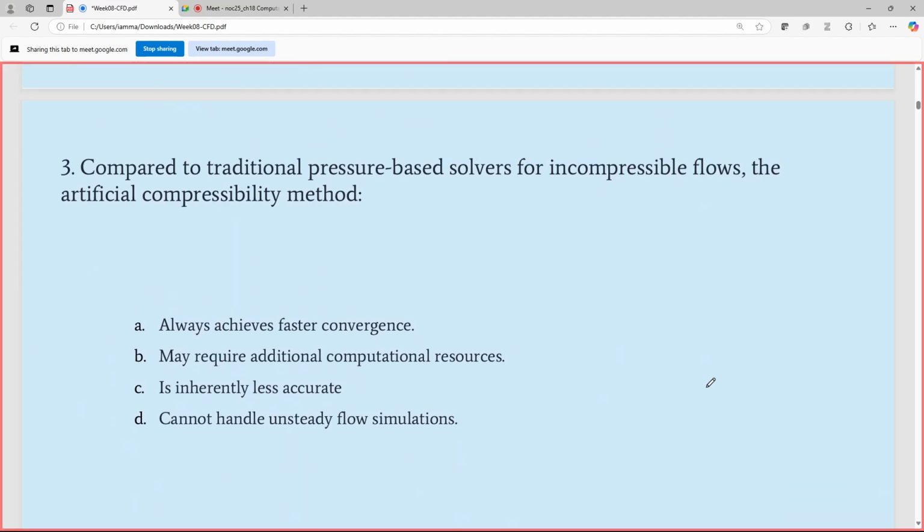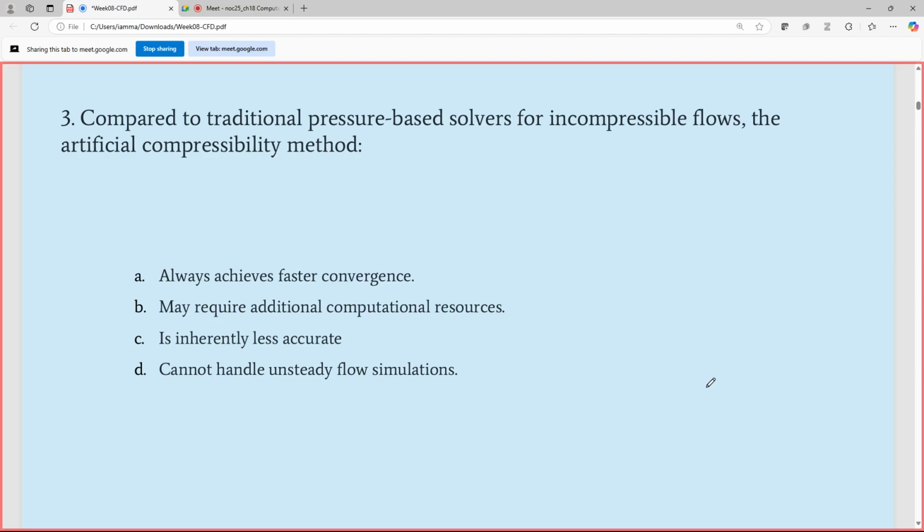Next question. Compared to the traditional pressure-based solvers for incompressible flows, the artificial compressibility method is, options are: option A, always achieves faster convergence. Option B, may require additional computational resources. Option C, inherently less accurate.